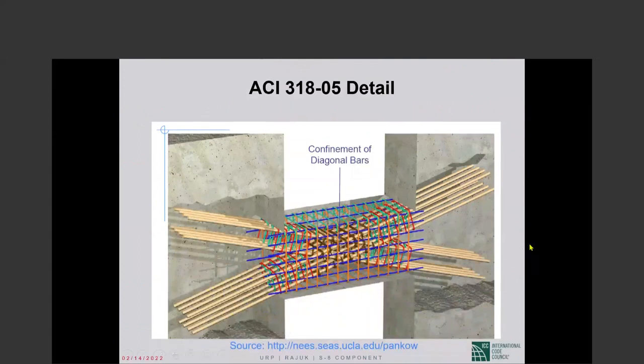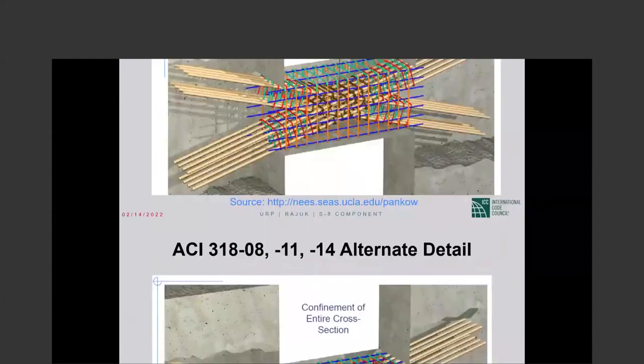So in pictures, these are also John's pictures, not mine. This is what we had to do up to 318-05, individually confined diagonal reinforcement. Okay, this is one diagonal, this is the other diagonal, and there is some additional reinforcement in the coupling beam.